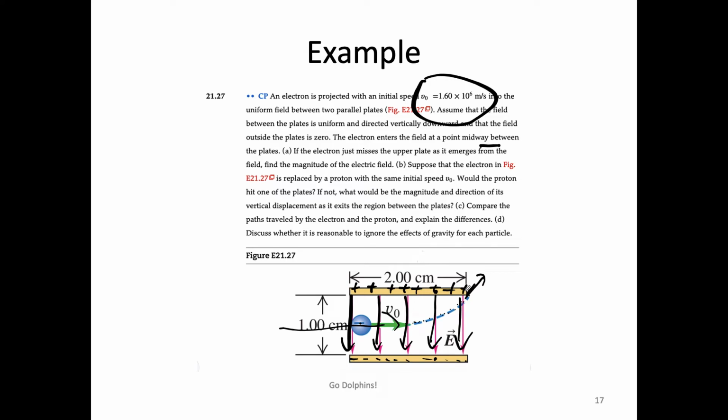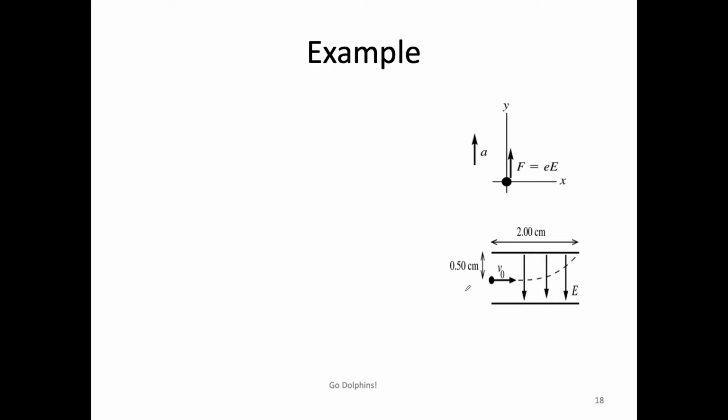So how are we going to think of this problem? If you want to find the electric field, this is a kinematics problem. Kinematics can give us a, the acceleration, and from acceleration you can get the force. Force is ma. Now, in the vertical direction, the only force acting on the electron is the electric force, if we can ignore gravity.